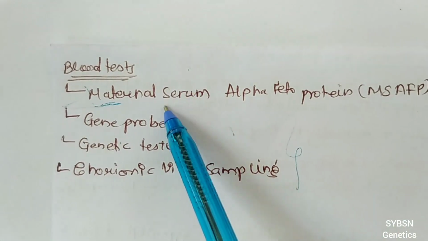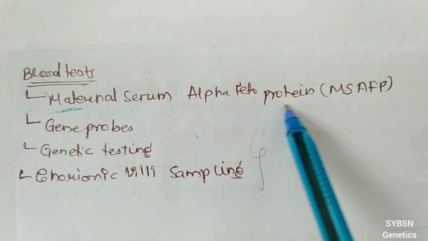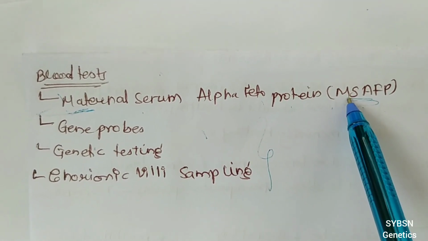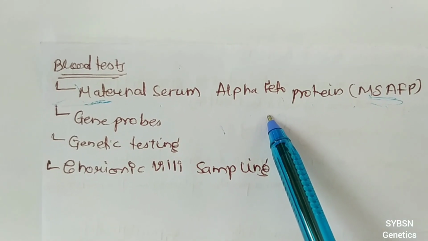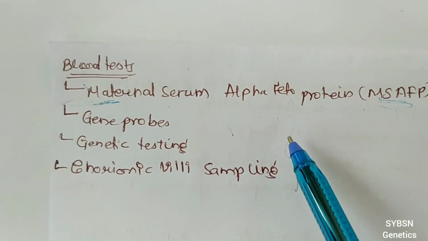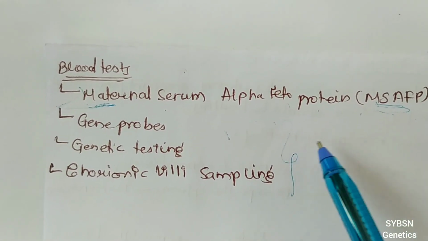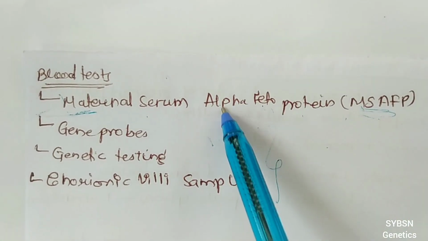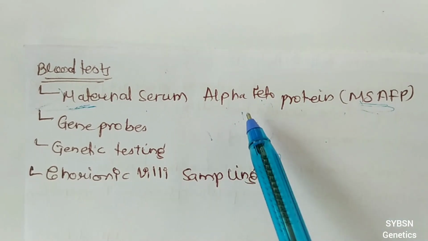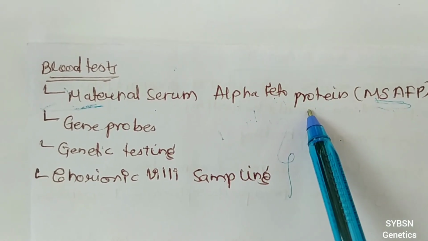Under blood tests, you have something called maternal serum alpha fetoprotein, that is the short form of it. The alpha fetoprotein is produced by the yolk sac and later in the liver, which enters the amniotic fluid, and from there you get the sample and test to see if the fetus has any kind of genetic deformity.